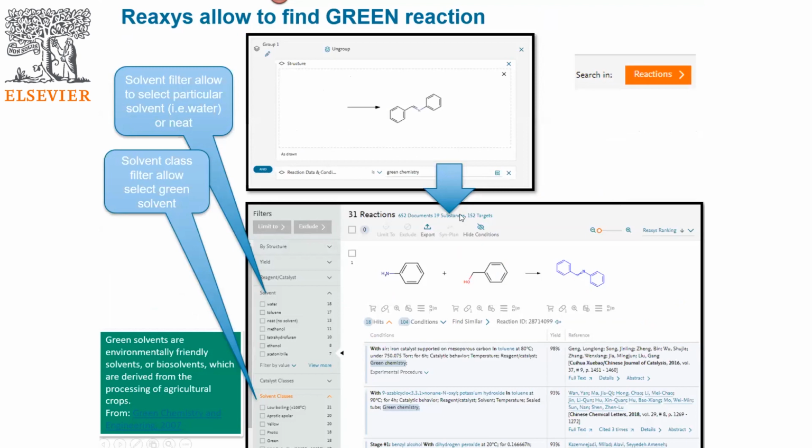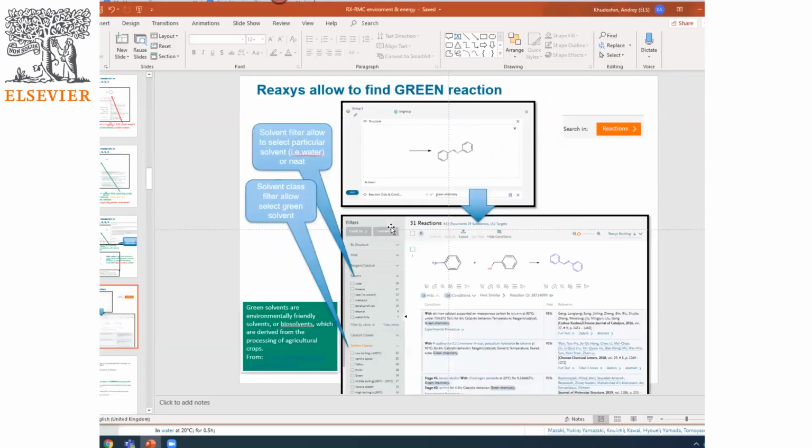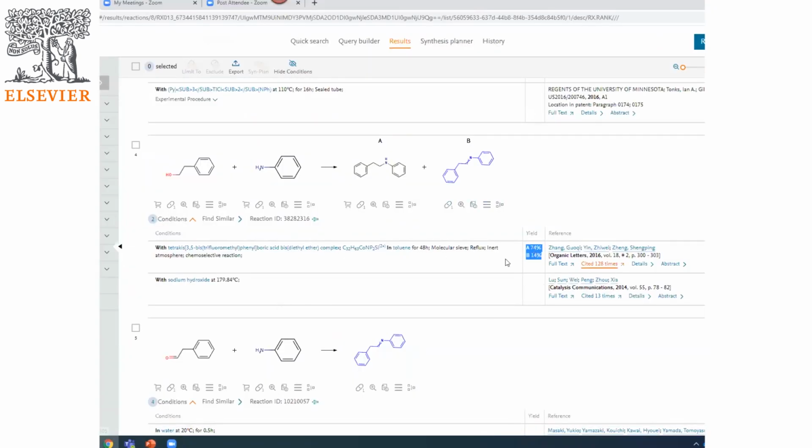What else is available? So right now we can go to Reaxys and see that over there in filters, you can see some particular solvents. We have very green ethanol, very green water, and other solvents.